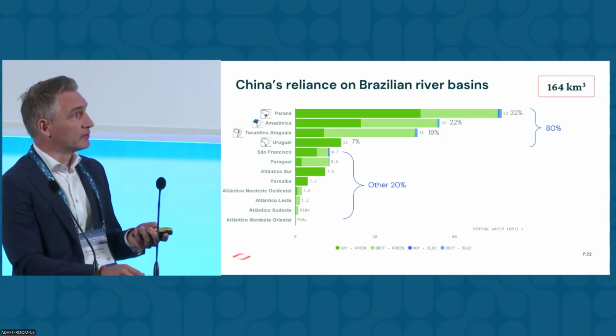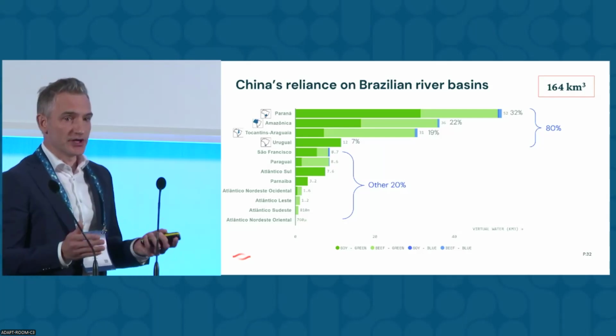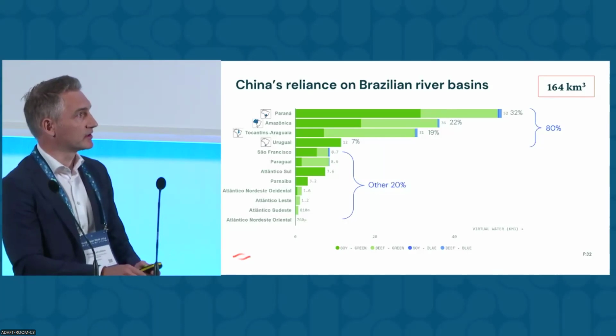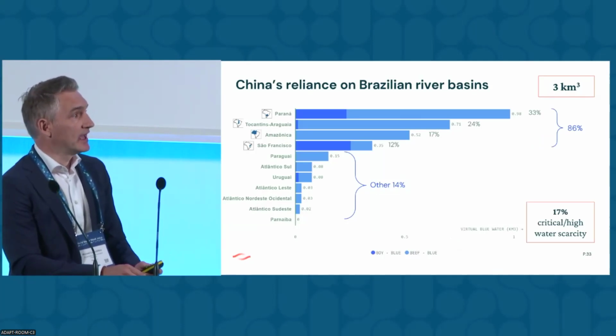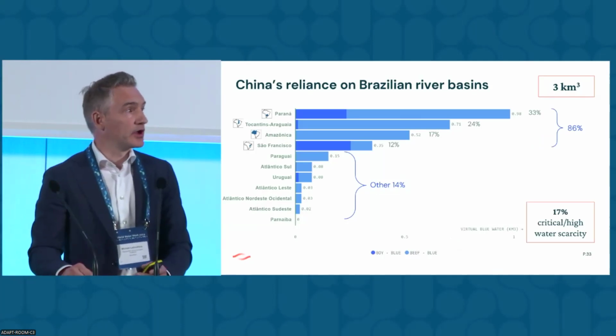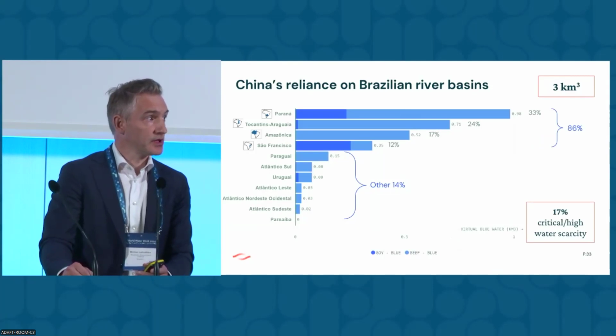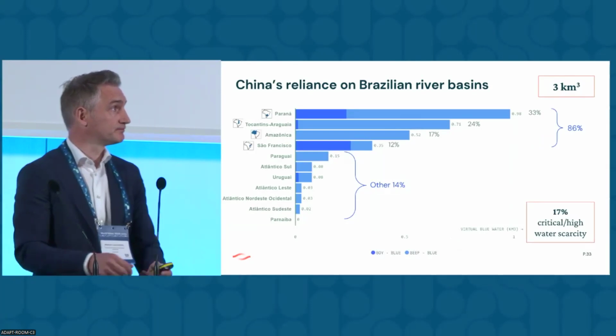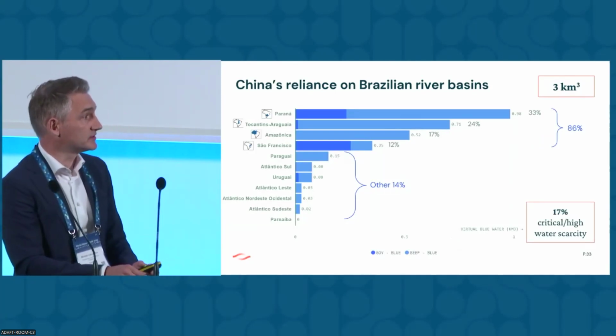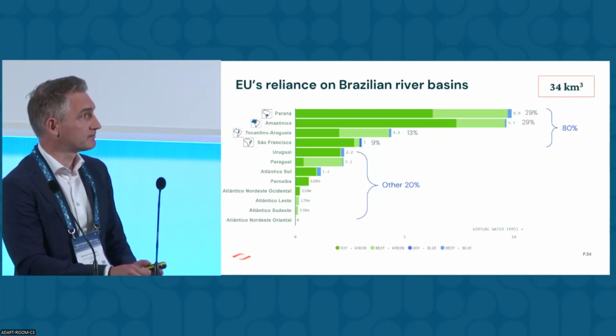If we focus on the blue portion, because the majority of consumption is green water, which is 3 cubic kilometers, 17% of that water is associated with river basins that experience critical or high water scarcity in Brazil, especially the São Francisco, which you can see is mostly irrigation for soy.